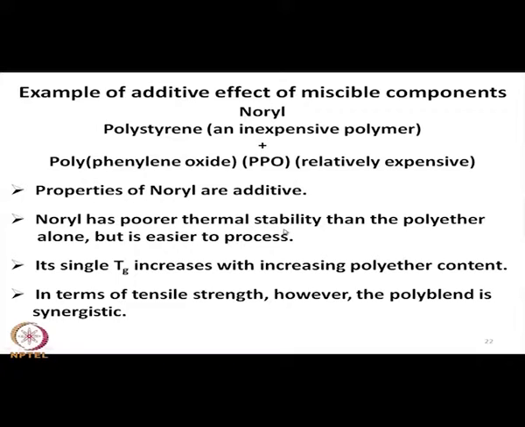If a polymer has very high performance properties like high mechanical strength, high thermal stability, etc., but that polymer cannot be processed, that is of no use. So, in order to make it processable or to reduce its viscosity during processing at lower temperature, such components like polystyrene can be blended to have a blend with more or less improved properties due to some additive effect.